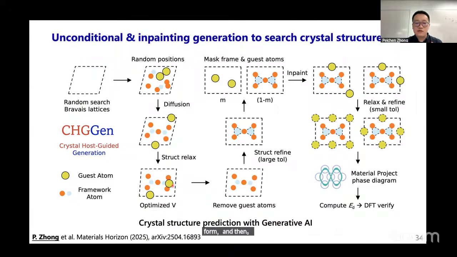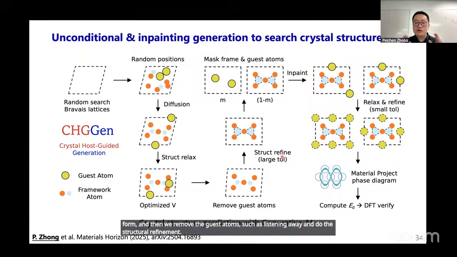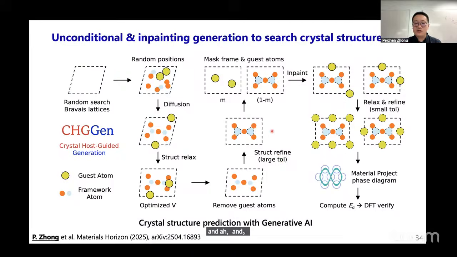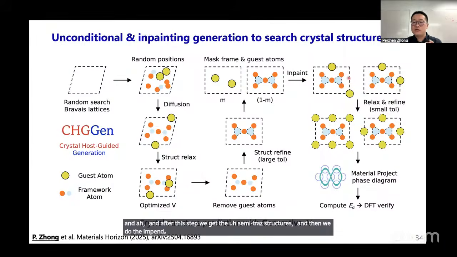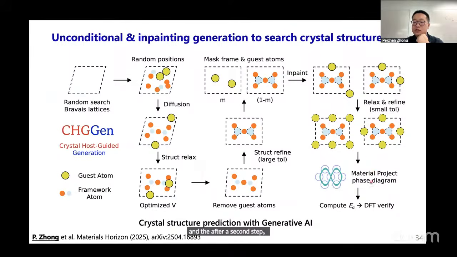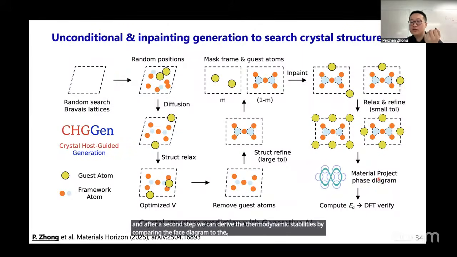Then we remove the guest atoms such as lithium and do the structural refinement. After this step, we get the symmetrized structures. Then we do the inpainting generation with some constraint on the framework. After the second step, we can derive the thermodynamic stabilities by comparing the phase diagram to the Materials Project database. After that, we run DFT and confirm the structure is stable.